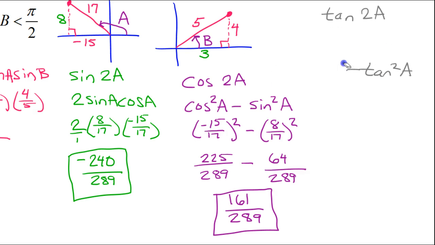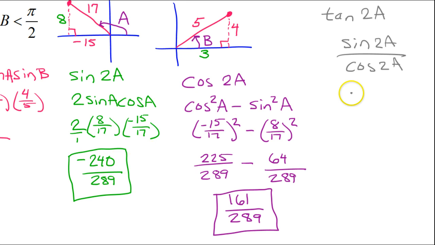But it would be actually easier because I've already calculated sine and cosine. It would be very easy just to do sine 2A over cosine 2A, right? Because tangent is sine over cosine.